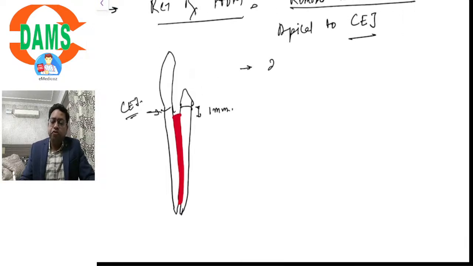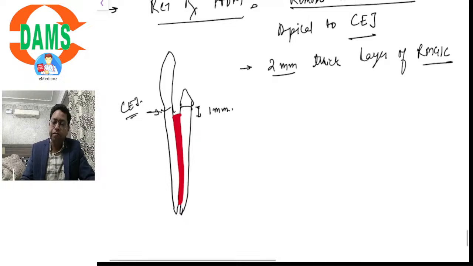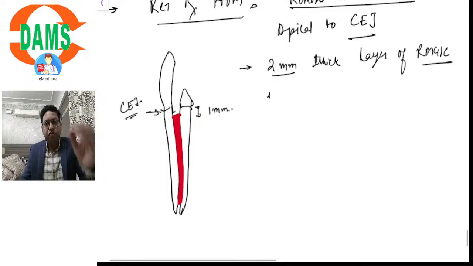Secondly, a 2 millimeter thick layer of resin modified glass ionomer cement is applied on the obturation in the root canal. We remove the obturation 1 millimeter apical to the CEJ, especially the facial surface CEJ, so that no discoloration of the tooth structure happens over there.